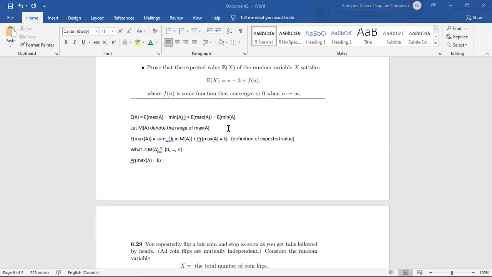Yes, you're allowed. If your set has only one element, it can be both the max and the min. It is both the max and the minimum of this set. So now, what is the probability that max A is equal to k? Think about what that tells you about the sequence.